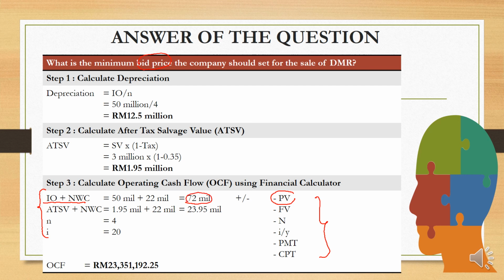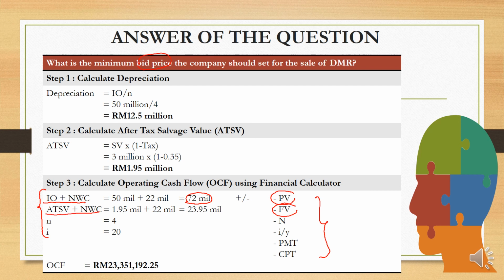When using the financial calculator, you will press 72 million, then the plus minus key, and then press the PV button. For the FV command, the information that you need is ATSV plus net working capital.